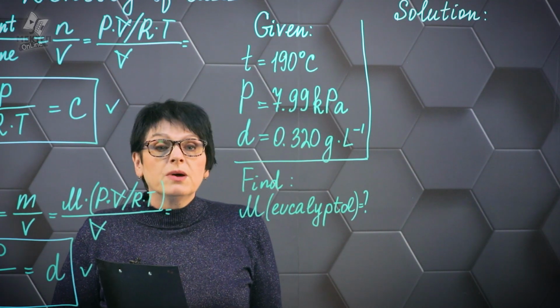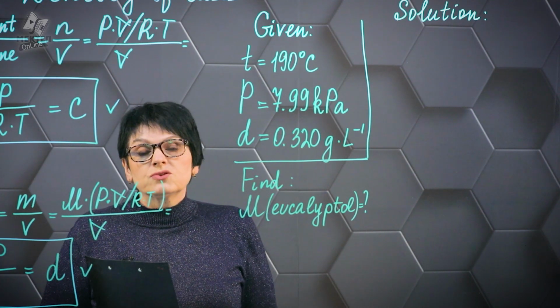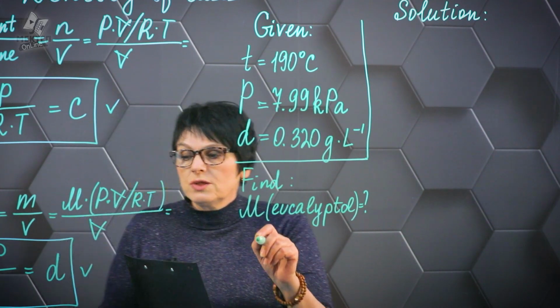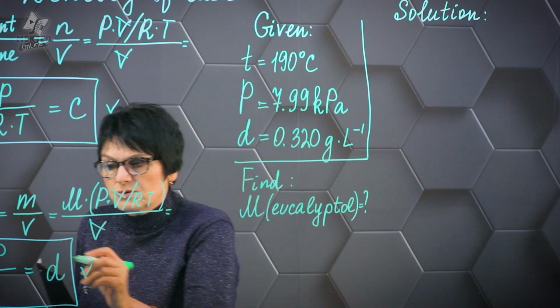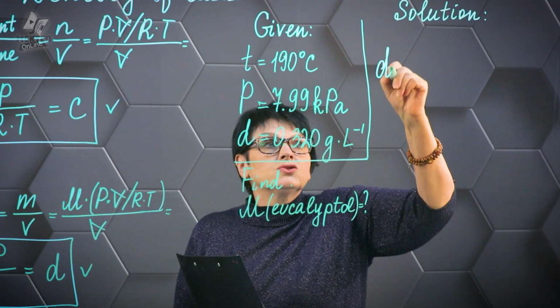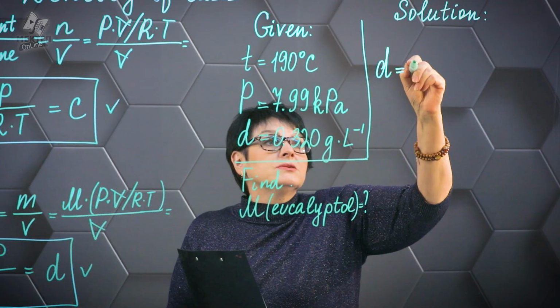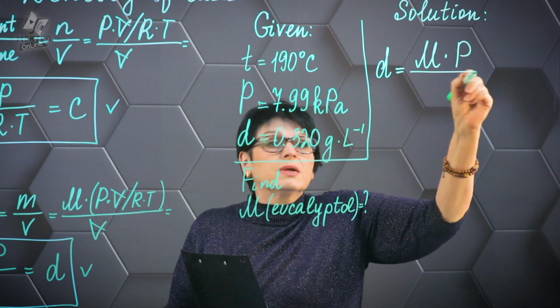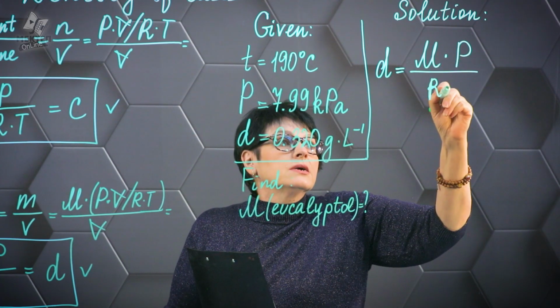What are we being asked? We're being asked to find the molar mass of this eucalyptus oil component. What formula do we use? Obviously this formula. We need to multiply the molar mass by P and divide by R and by T.